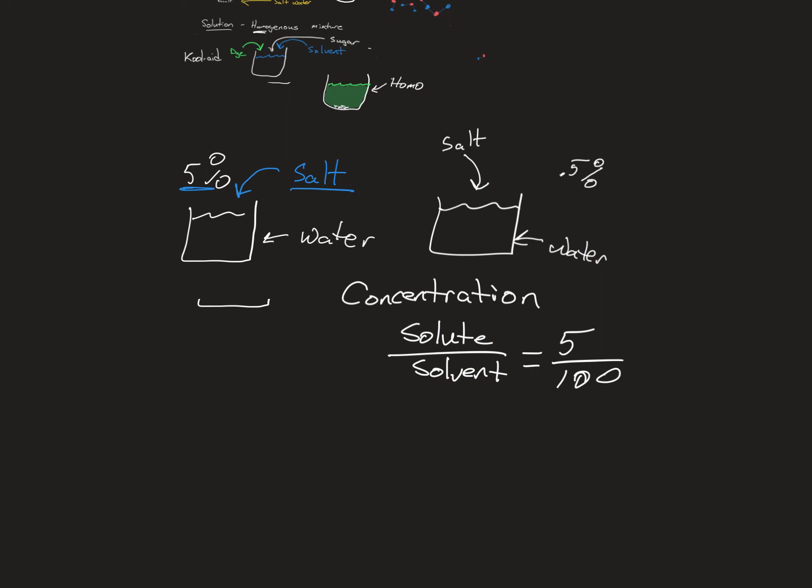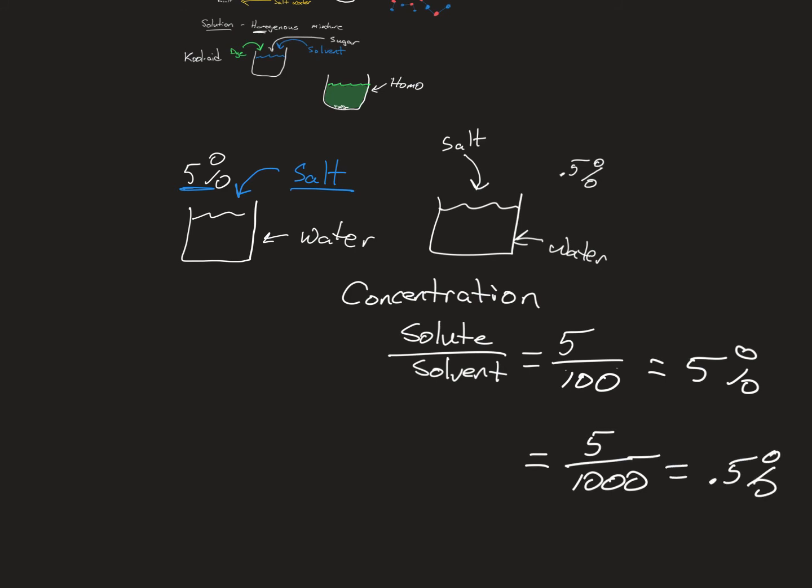Well, obviously, 0.5% is going to be a lot less. Whereas if you were creating a 0.5%, it would be 5 out of 1,000. That would equal 0.5%. So the top number is the solute, the bottom number is the solvent. Solute divided by solvent, that is concentration.